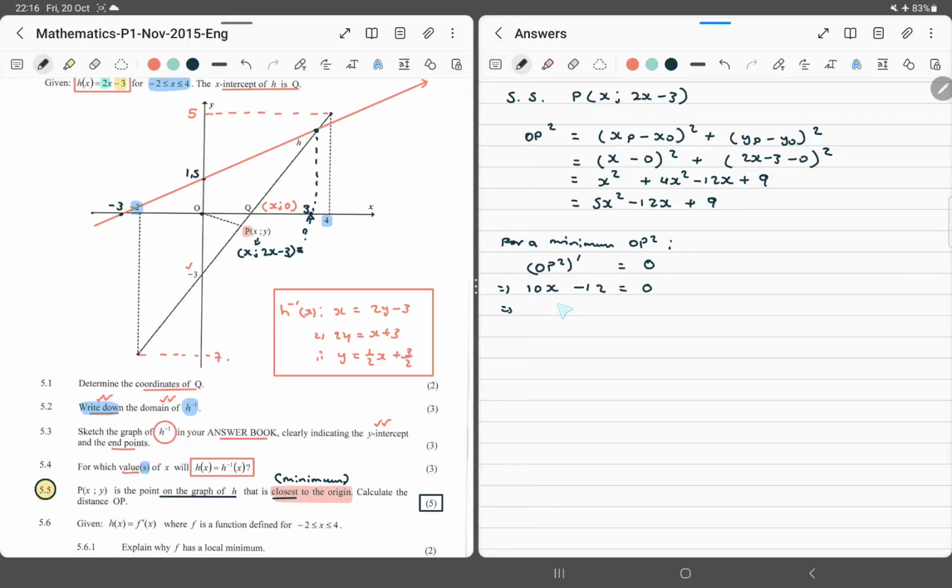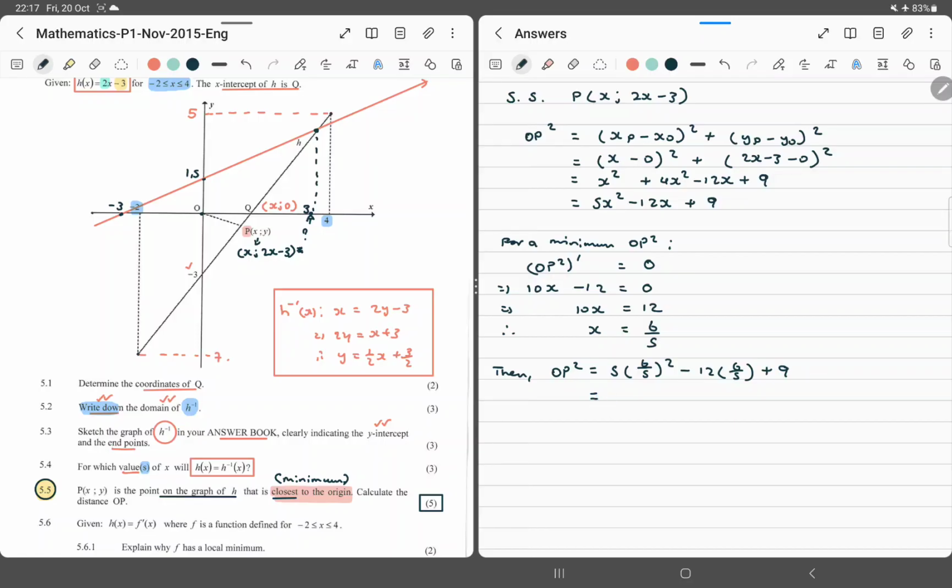Then we solve for x here. We know that 10x is equal to 12. Therefore, x is going to be 12 over 10. That is 6 over 5. Right. We can say, now we substitute x into the OP. We can say here then OP squared is going to be 5 into 6 over 5 all squared minus 12 into 6 over 5 plus 9.